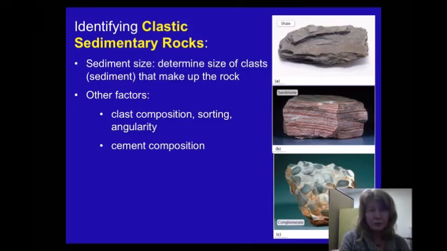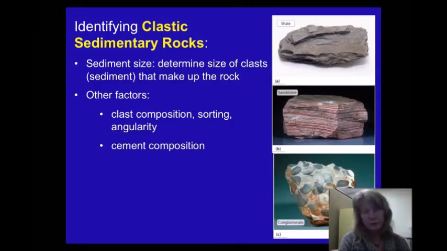And if you've determined that, then the first criterion that you want to ascertain when you want to identify your clastic sedimentary rock is: what is the size of the clast? What is the size of the sediment that is making up the sedimentary rock?